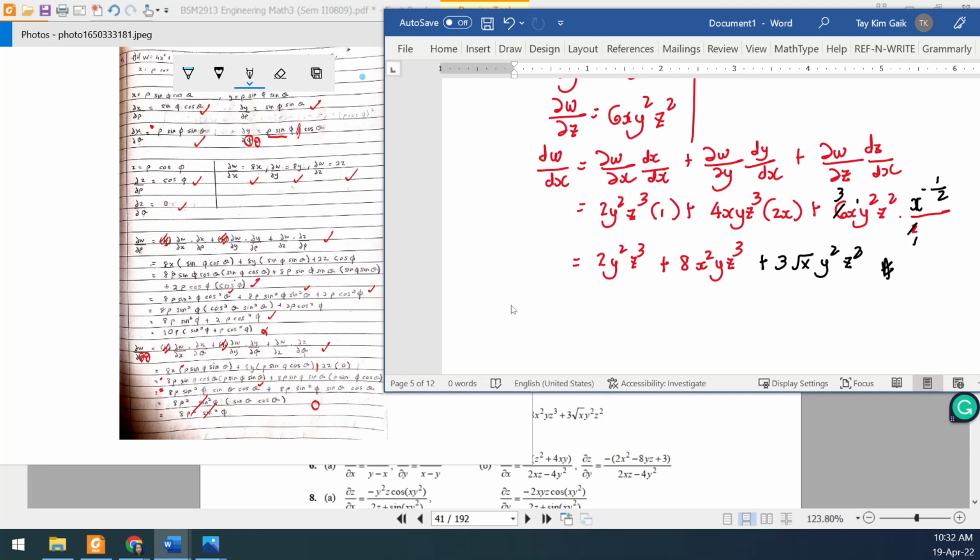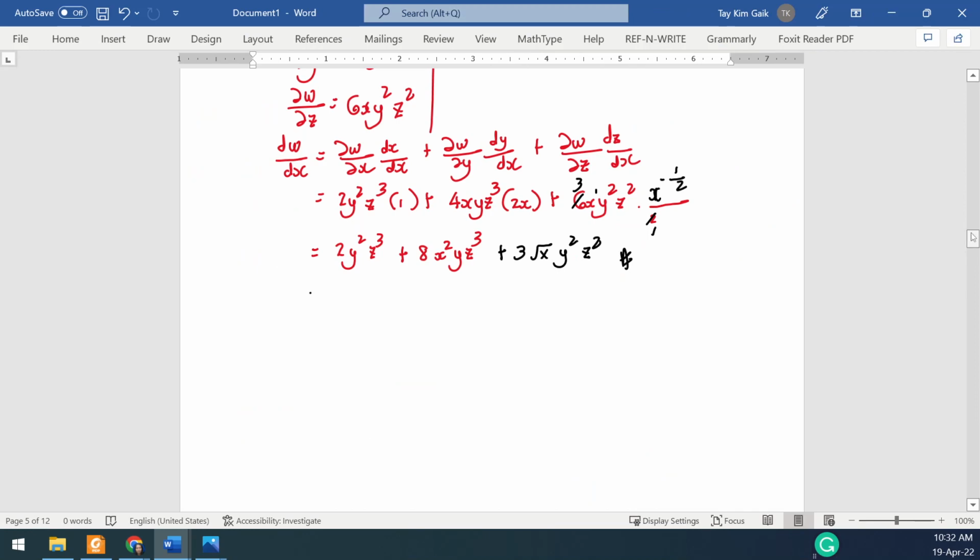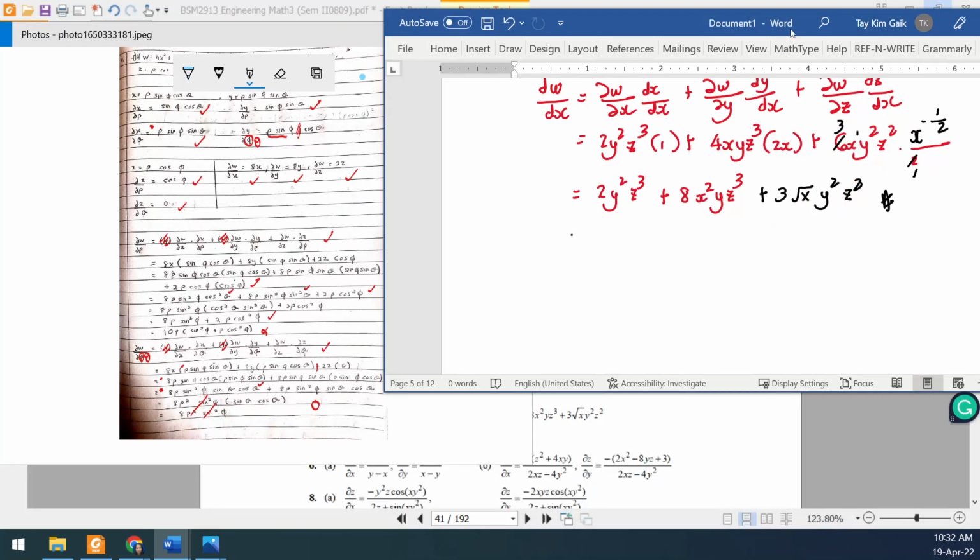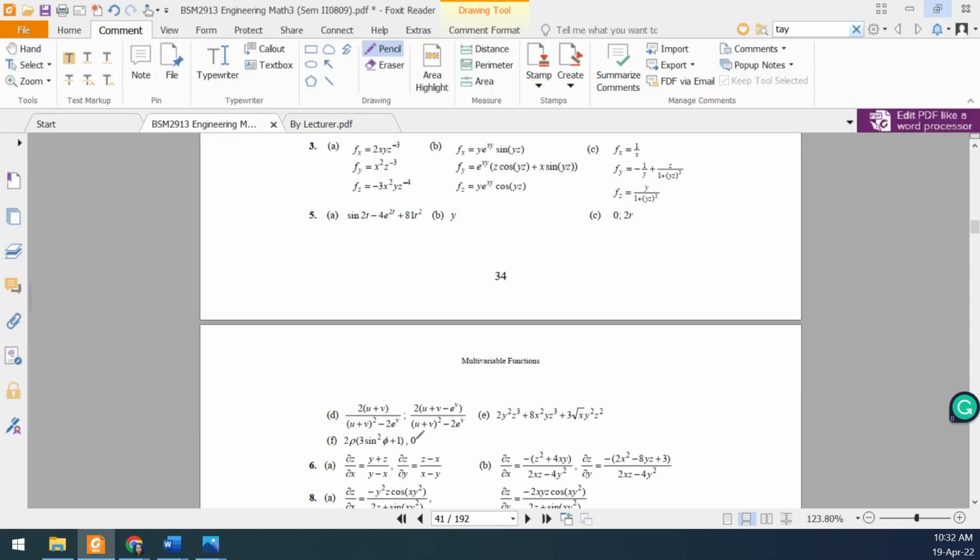Okay, I'm going to prove your line here, your del W del rho, which is 8 rho sin squared phi plus 2 rho cos squared phi. How do they get this one? 2 rho, 3 sin squared phi plus 1.